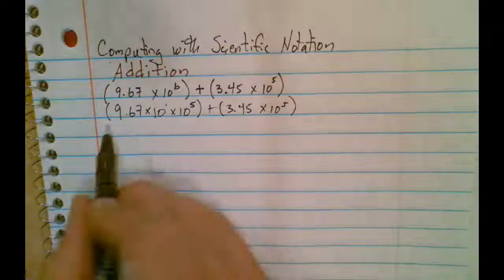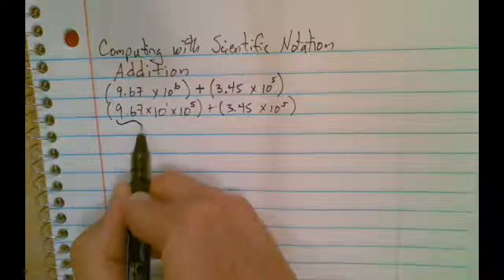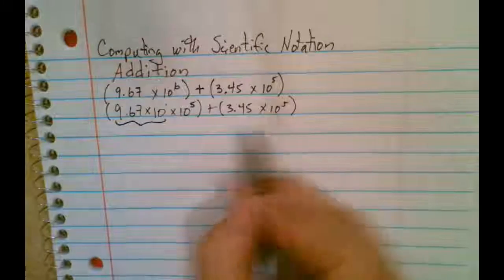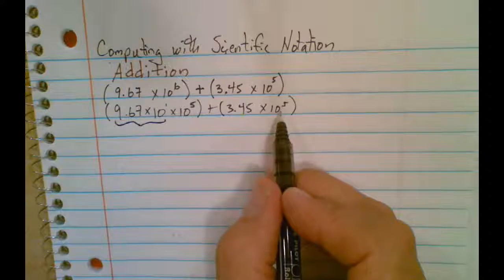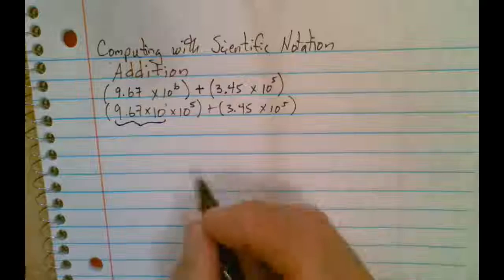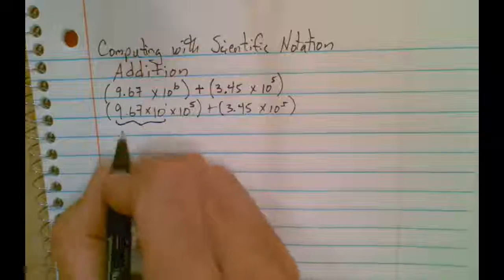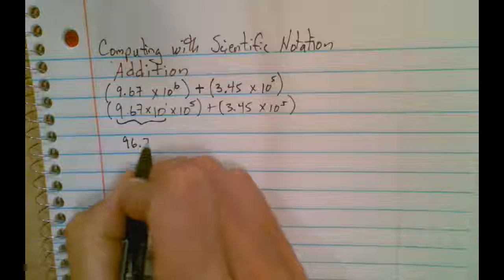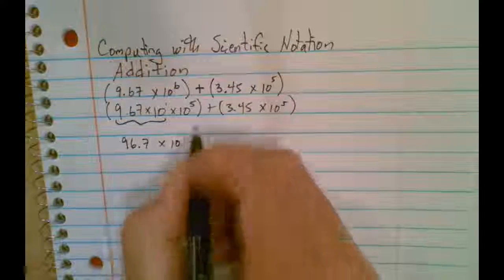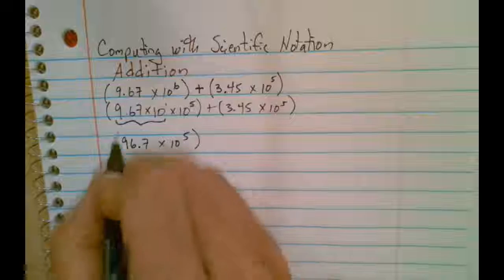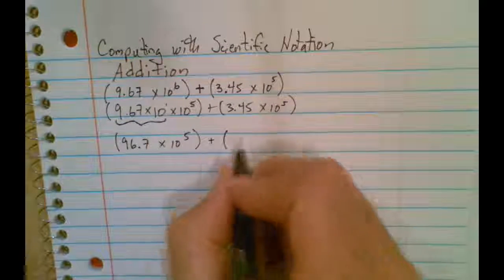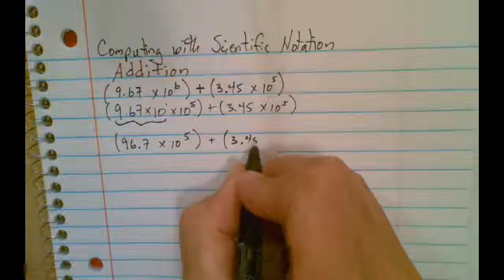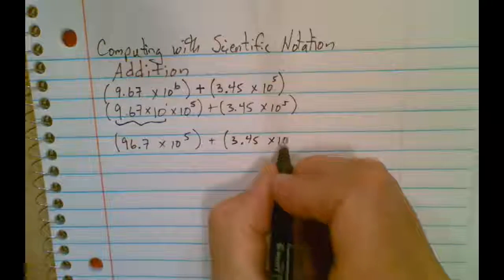Now I'm going to combine these two parts. I have just 10 to the 5th in each piece. If I multiply 9.67 by 10, that shifts the decimal point over. I have 96.7 times 10 to the 5th, plus 3.45 times 10 to the 5th.